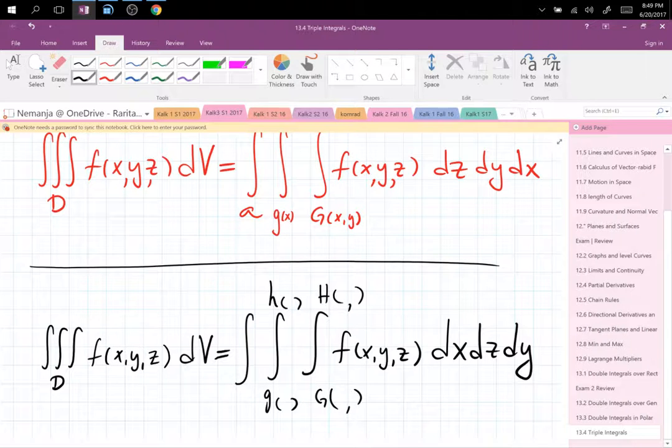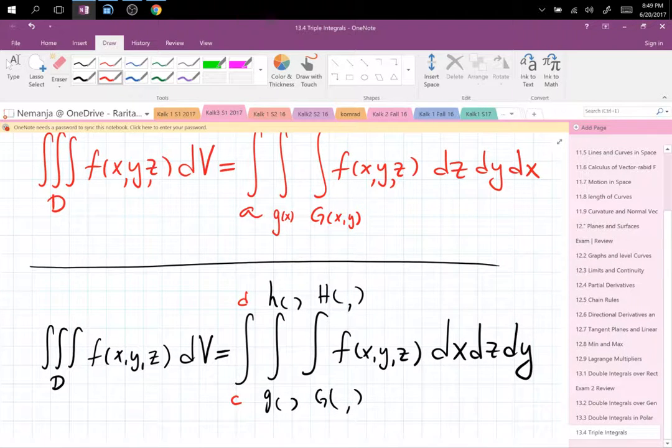Here we go. The outer integral is in terms of y, so we are going to place c and d. Usually we use a and b for x and c and d for y.